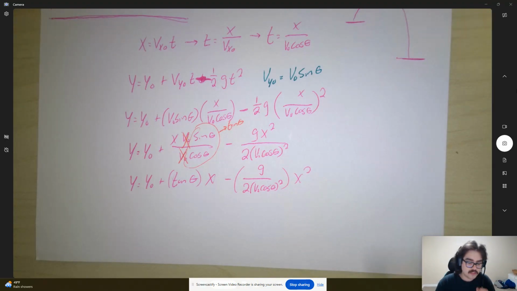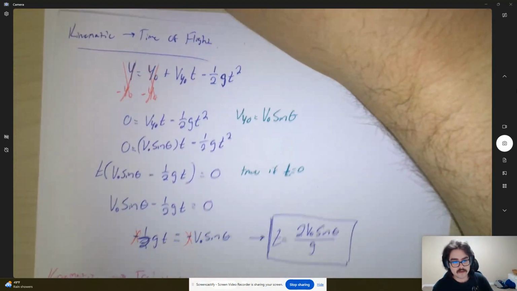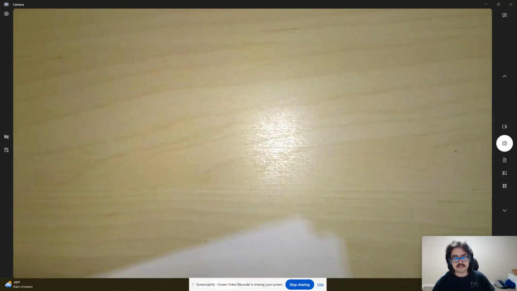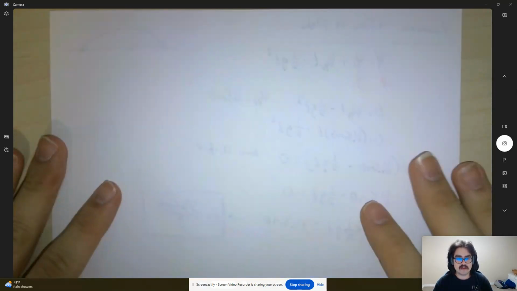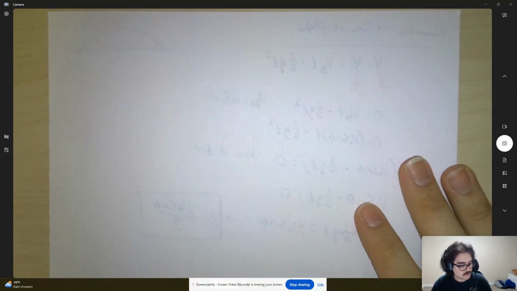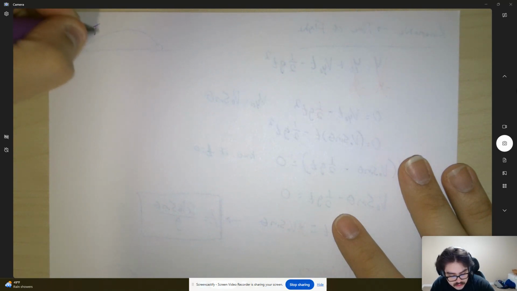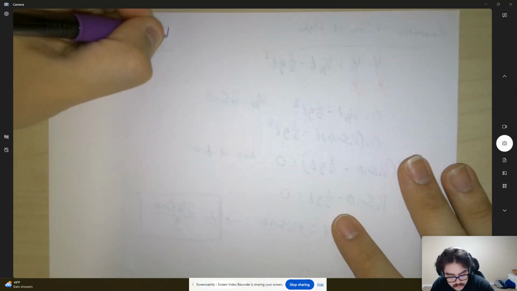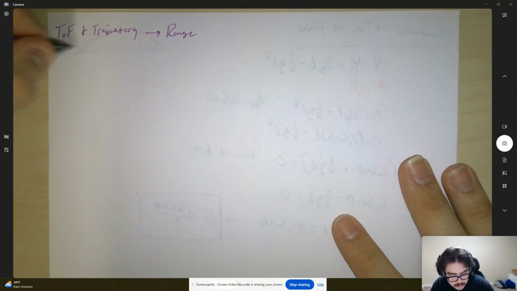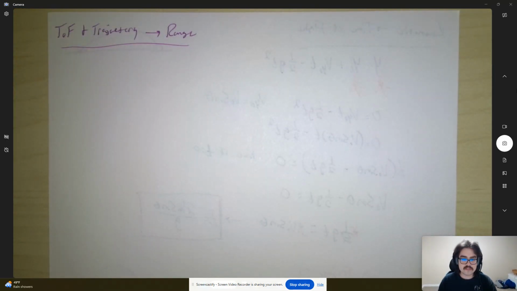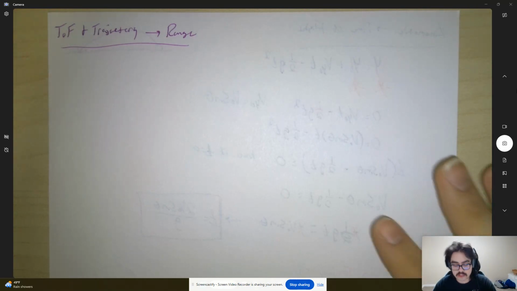Now I'm going to show you the final step here. I'm going to take both of those equations that I derived and derive the range equation from there. So I'm going from the time of flight and trajectory to the range equation. I'm going to combine both of those equations to get the range equation.